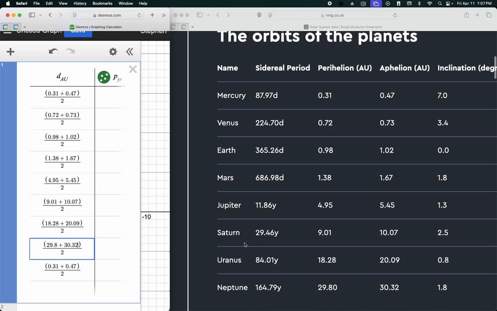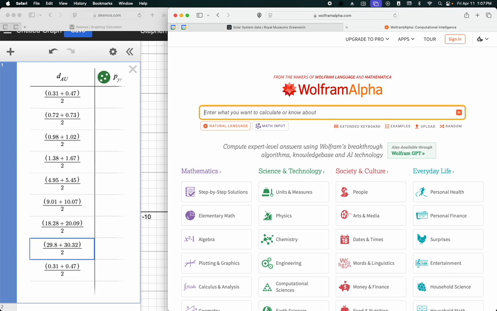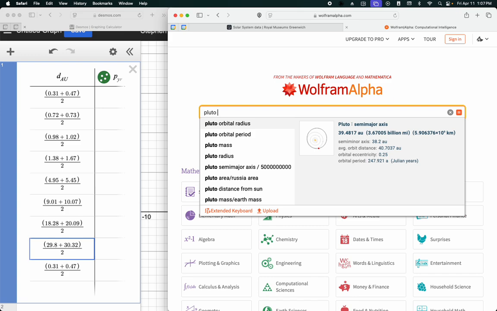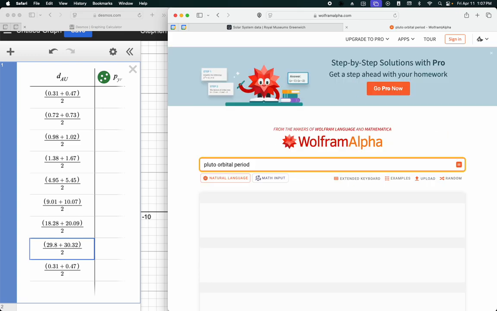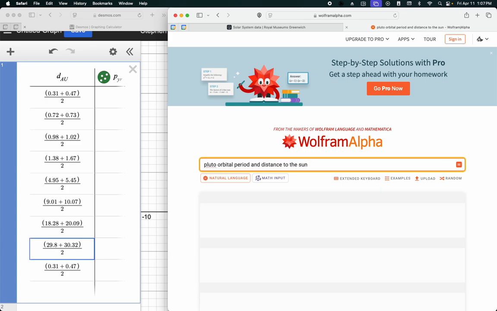What is Pluto's? Okay, so for Pluto, I'm going to go to Wolfram Alpha. What do we round up to? You don't round. You just for years, don't round. So exactly. So in Wolfram Alpha, I'm going to say Pluto orbital period and distance to the sun.